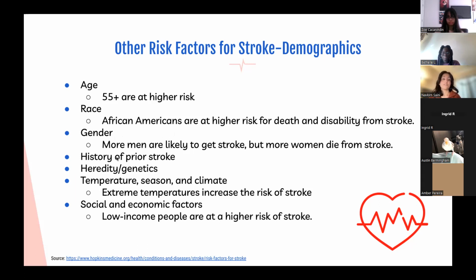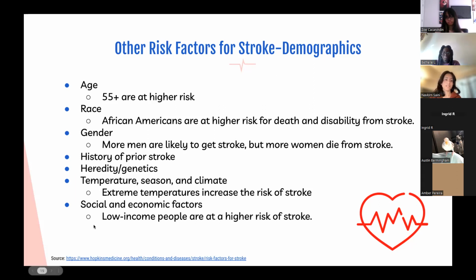And then if you do have a history of prior stroke, you're likely to develop stroke again, as well as again, having the genetics where stroke is common in your family. And then, like we said before, your environment counts as well. And lastly, when you're looking at socioeconomic factors, people of a low income are at a higher risk of stroke.